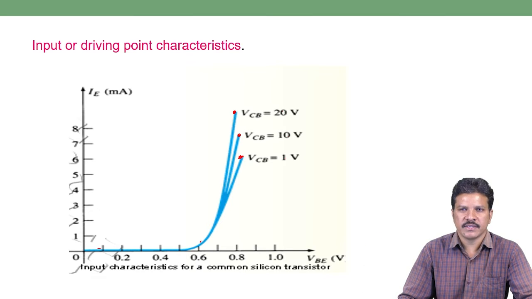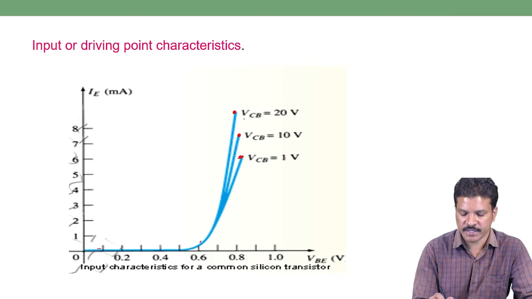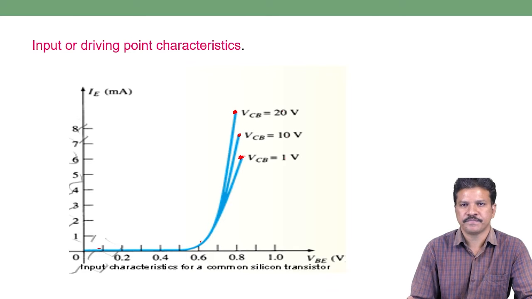When we recollect the concept of operation of the bipolar junction transistor, we can understand why this happened. What is the reason for this increase in current by changing the collector-to-base voltage from 1 to 10 and then 20? First, we will see why the emitter current increases.